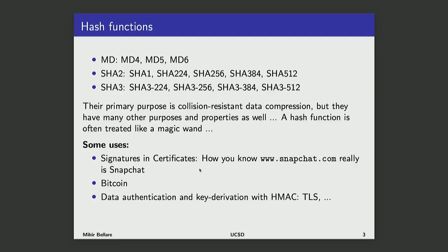So they're pretty central, and you're using them, again, every day. Hash functions are also the basis of Bitcoin. So how you validate coins in Bitcoin, the mining process, uses hash functions. And they're also used for authentication of data, key derivation, and many other things, for example, through HMAC, and thereby in TLS and other protocols.